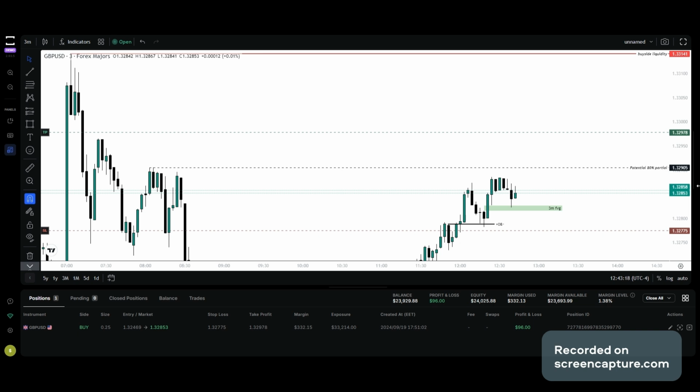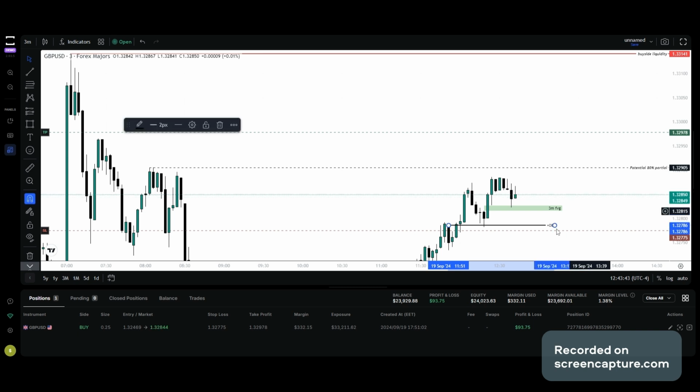It's like either it will or it won't. But yeah, this is one of my last lines of defense. And this order block is not precise. It should be here.